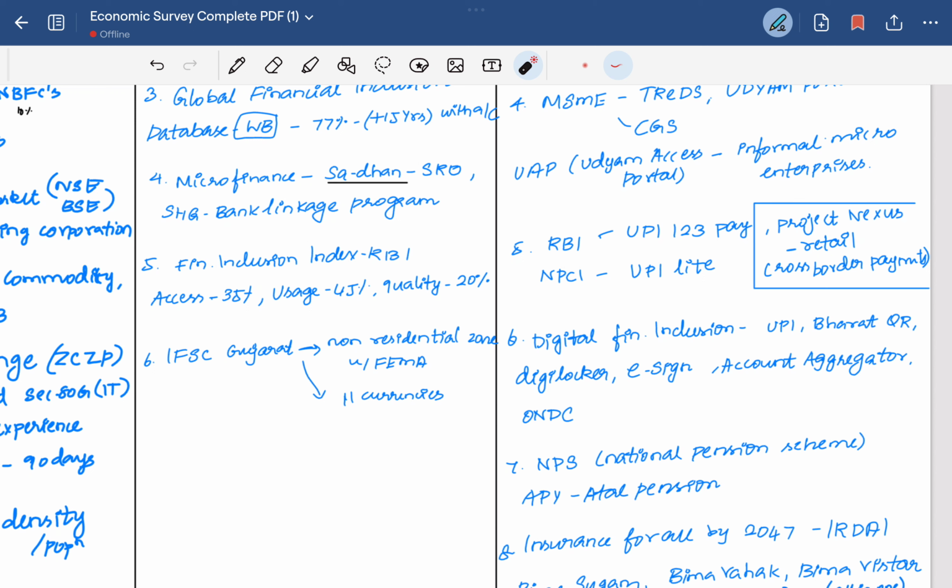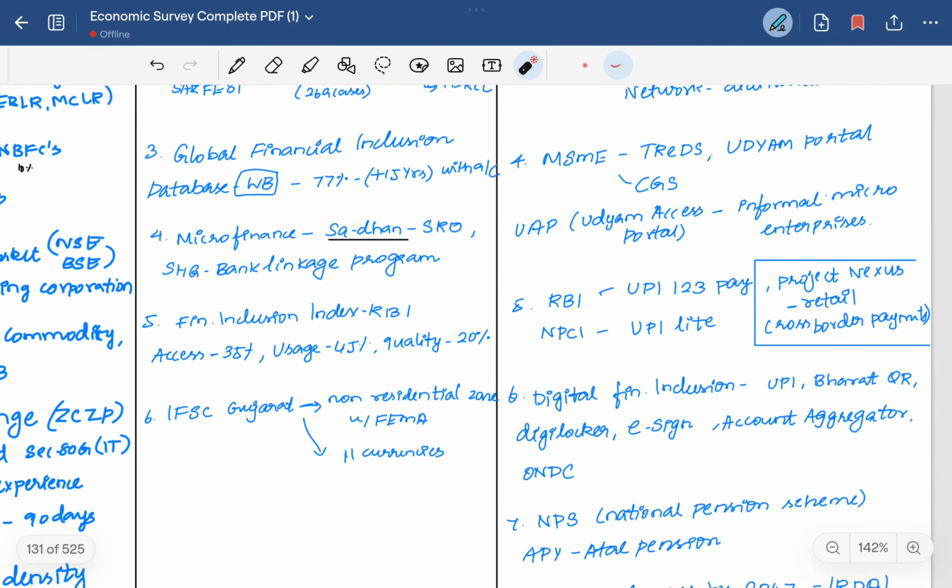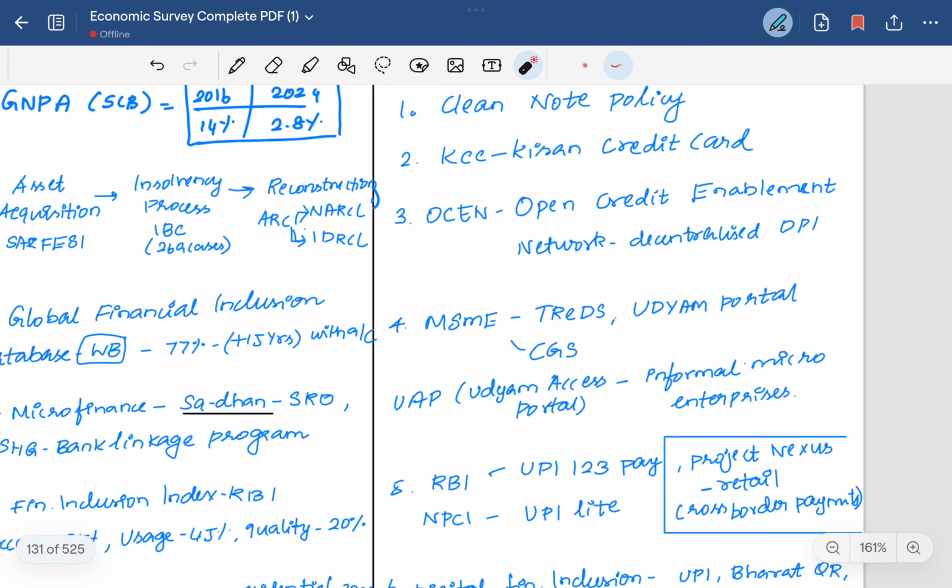Some of the conditions are that this center is declared as a non-resident zone under the FEMA Act, that is the Foreign Exchange Management Act, so that there is a surplus flow of foreign investments. Also, 11 currencies are allowed to be transacted in this IFSC Gujarat. So these are some notable points.